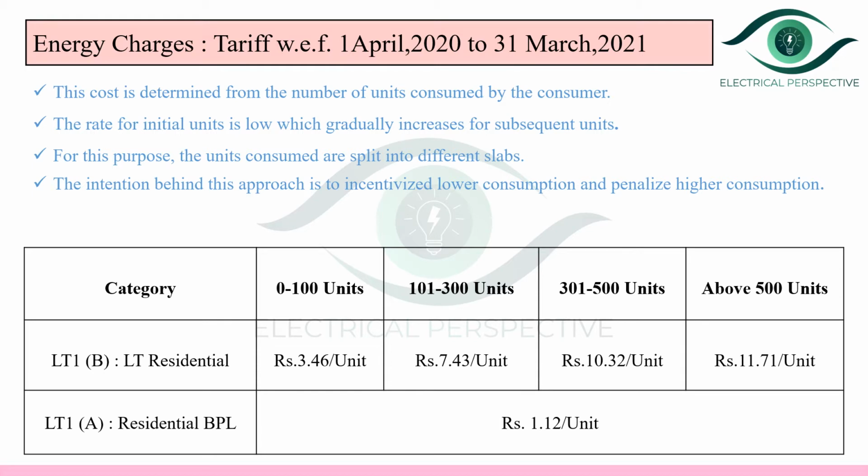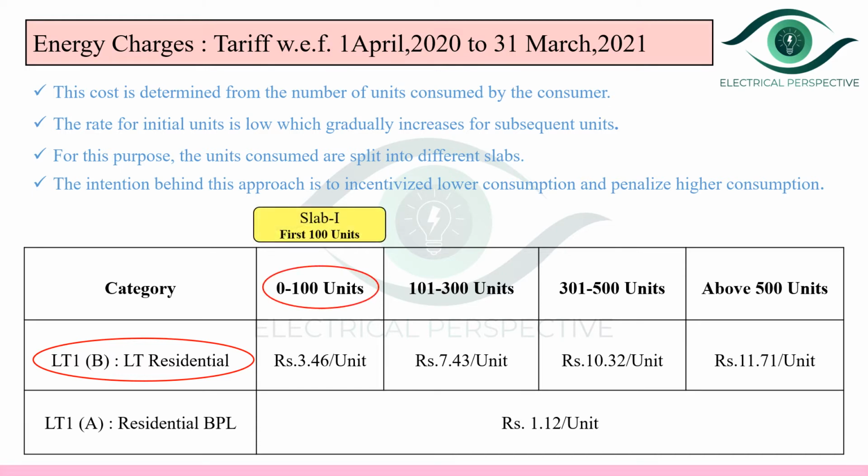As an illustration, the rate for unit consumption is mentioned in this table, and it is as per the approved tariff schedule with effect from 1st April 2020. Let us see. For the LT1B category, that is the residential category, the energy charges for the first 100 units is 3.46 per unit. So the first 100 units will be considered under slab 1.